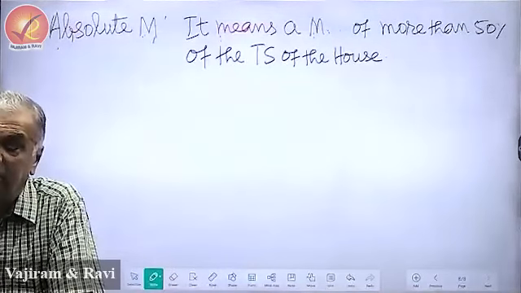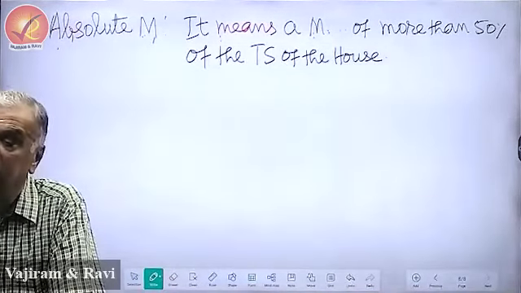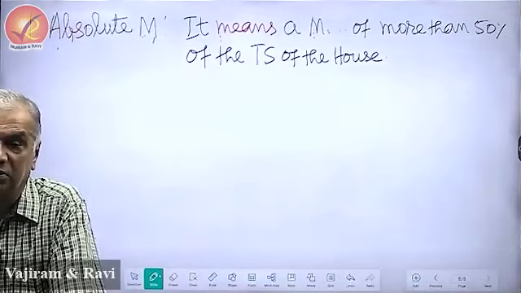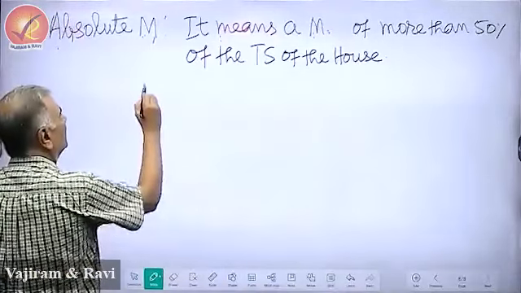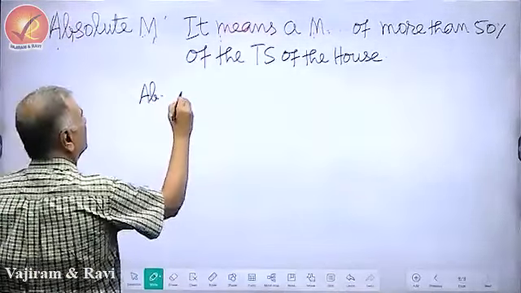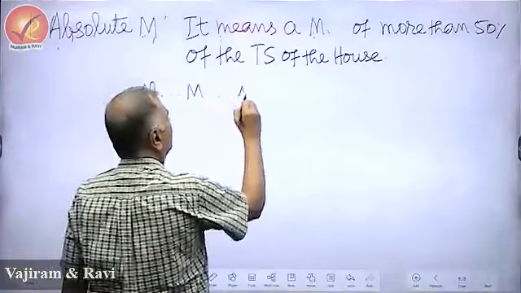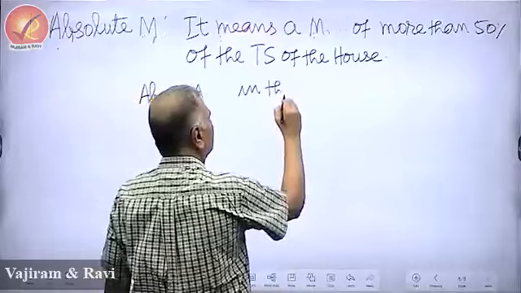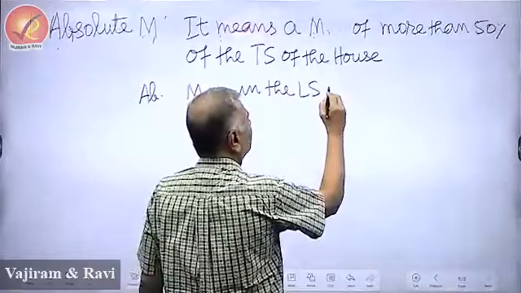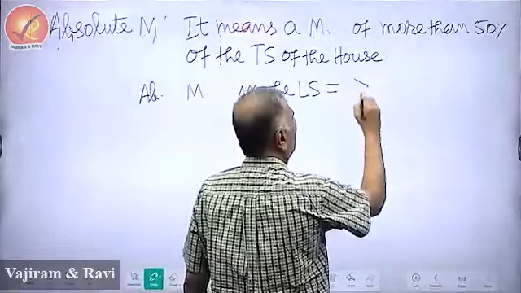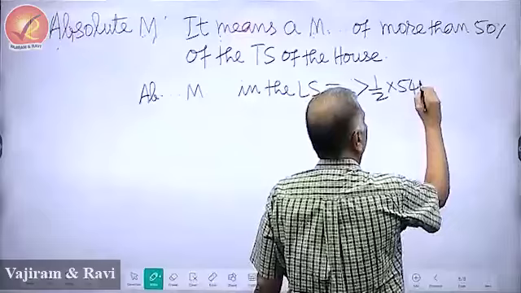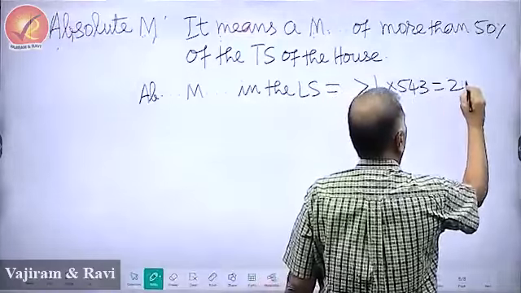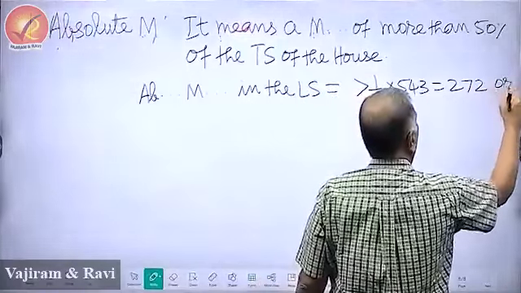So absolute majority is calculated on the total strength of the house. And absolute majority in the Lok Sabha is more than 50% of 543, which is 272 or more.